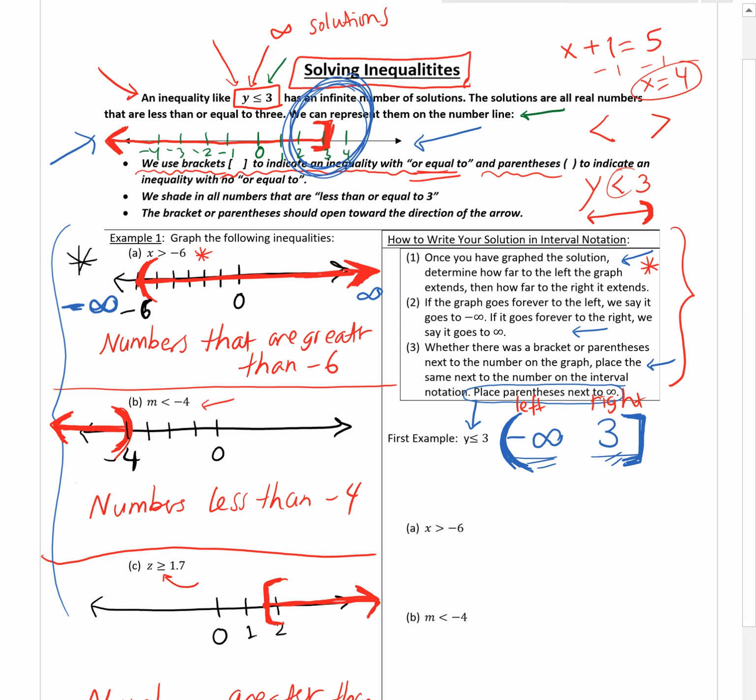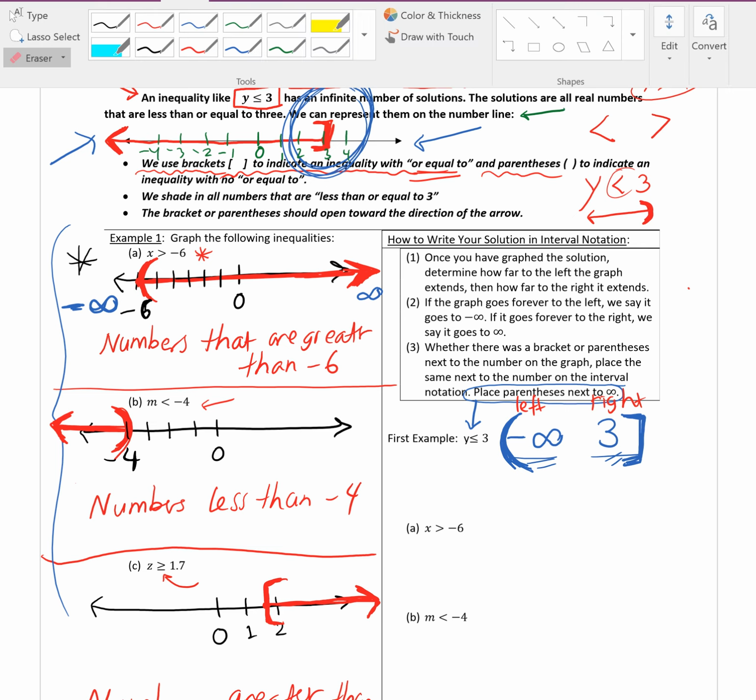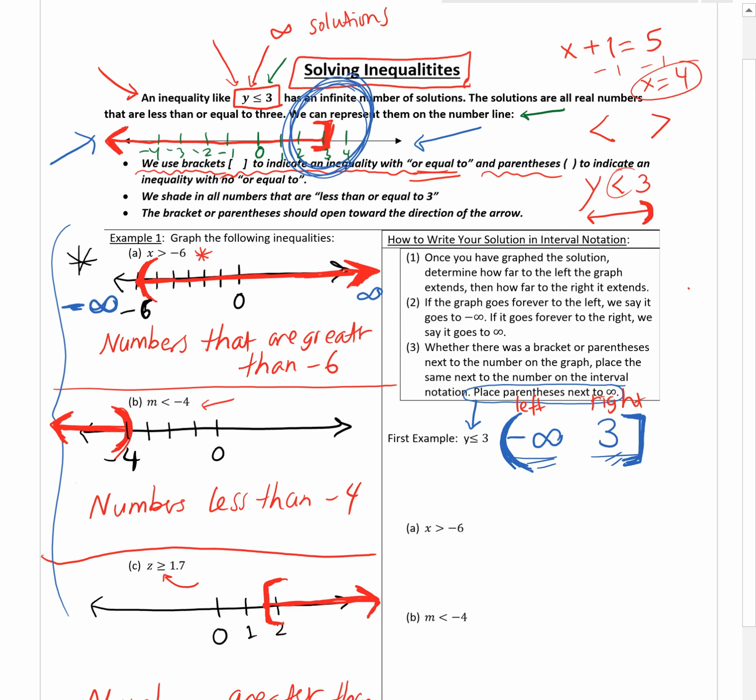And I forgot to mention this, I'm sorry, but there's one tiny last step: technically you're supposed to have a comma in between the two numbers. So, place a comma between infinity and 3.